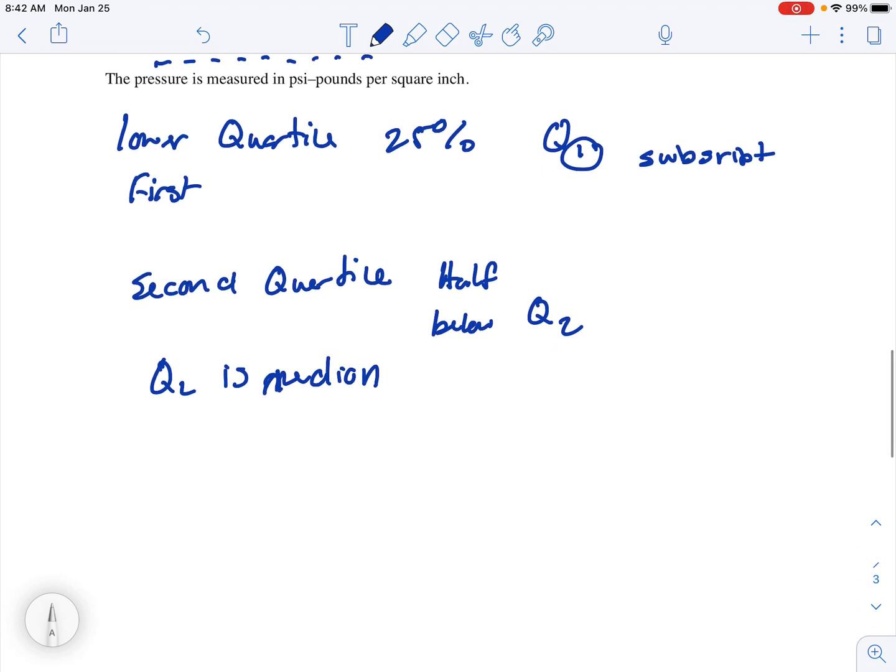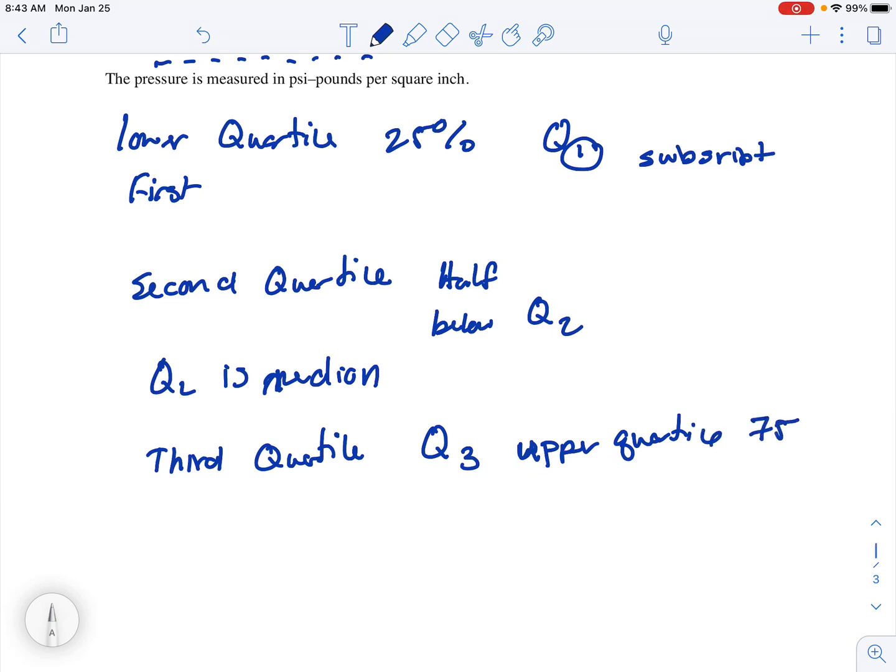The third quartile, which we're going to call Q3, is our upper quartile, which is 75% of the numbers.